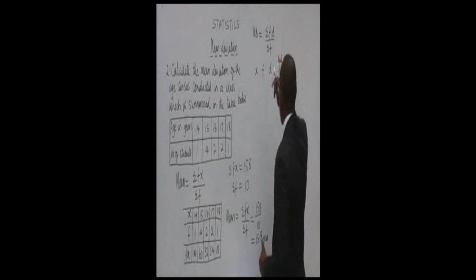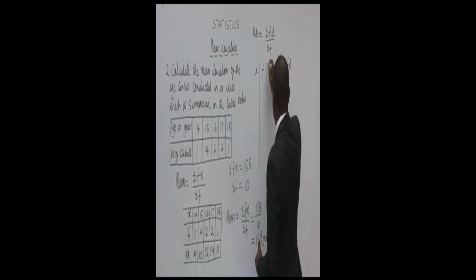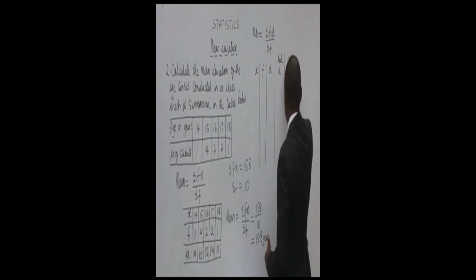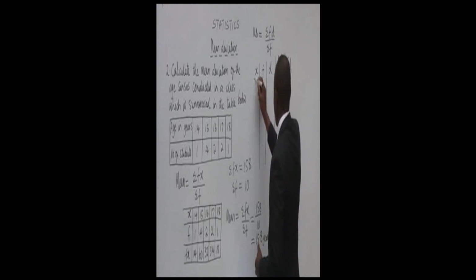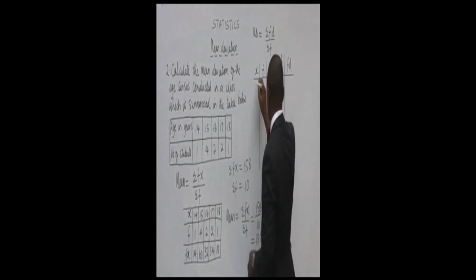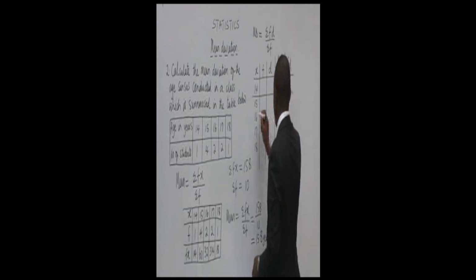So let's bring in the numbers 14, 15, 16, 17, 18, and make it a table.